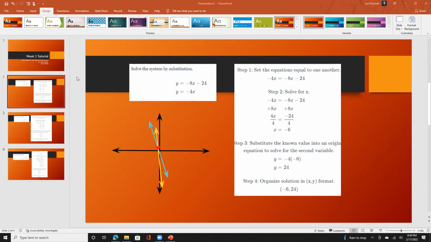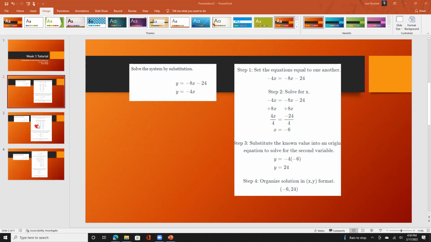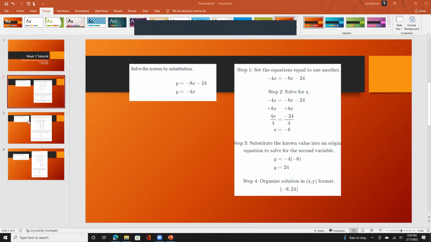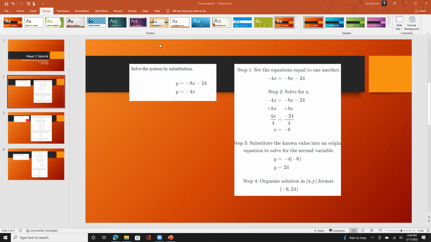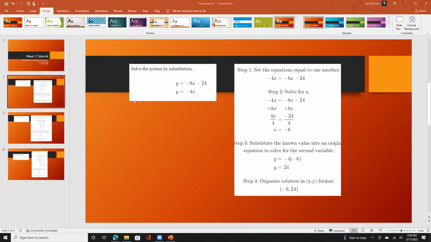Okay, let's move right along to the next exercise. And I'm not going to be as detailed this time. I don't want to utilize too much of your time. There we go.